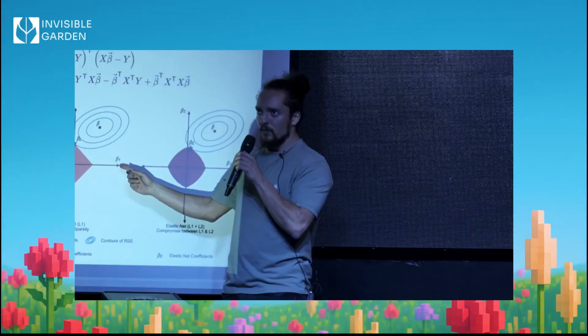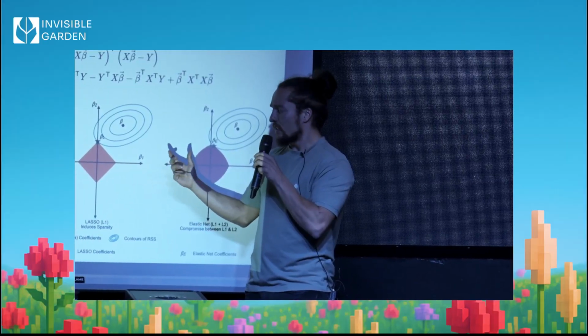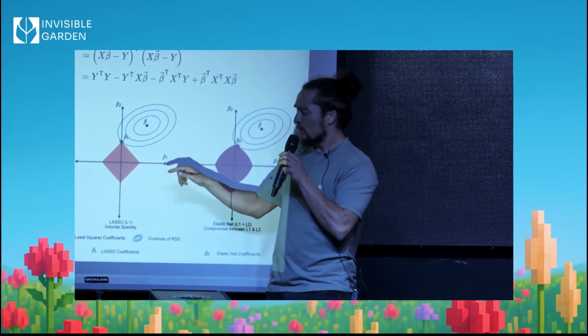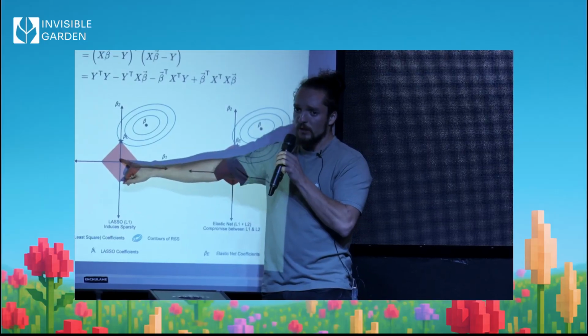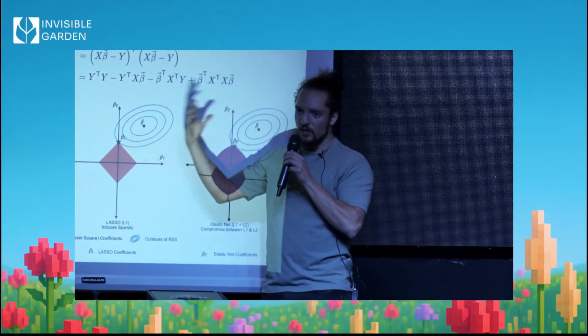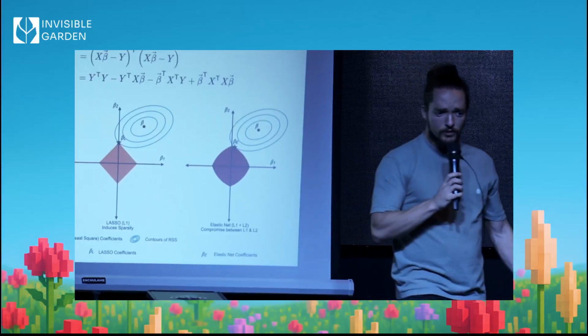What this ends up meaning is that your final output is going to have some of the betas equaling 0. This means that some of your input variables are not going to have any effect on the model because they just get multiplied by a 0.